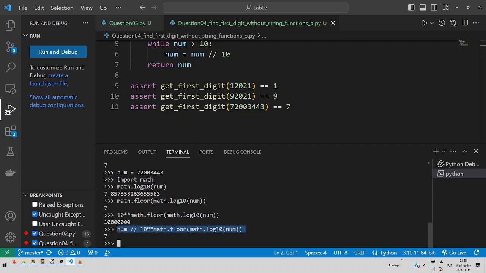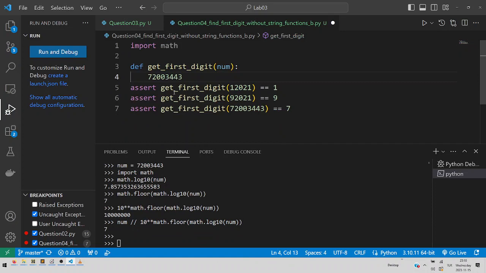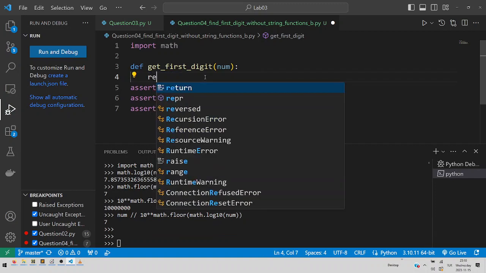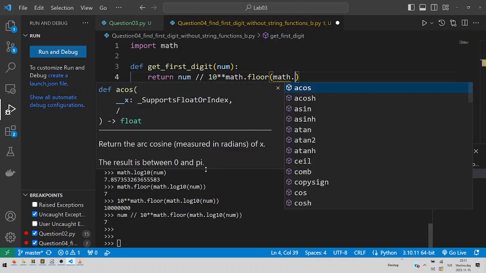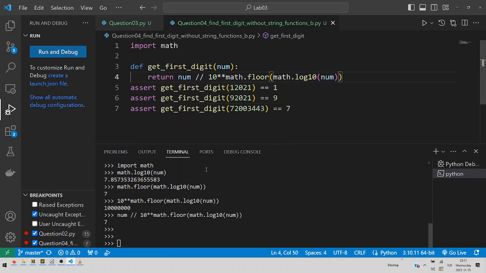With this one-line solution, instead of using the loop, I can use a mathematical trick: num divided by 10 to the power math.floor of math.log10 of num.